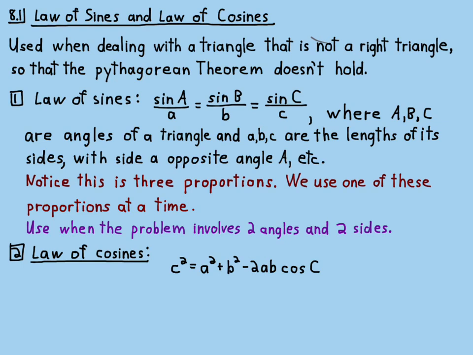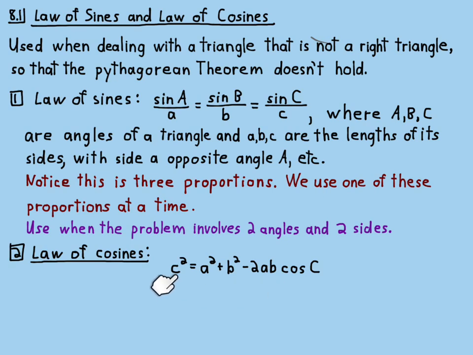So the law of cosines is completely different. It looks like the Pythagorean theorem: c squared equals a squared plus b squared minus 2 times ab times cosine of the angle C. So notice the pattern here. The first part just looks like the Pythagorean theorem, right?